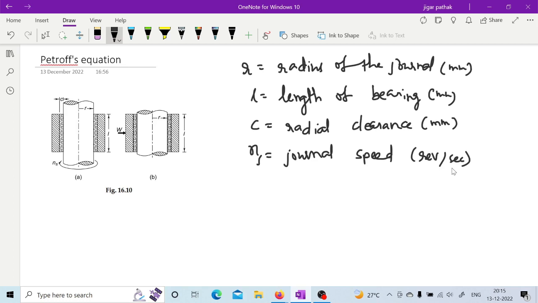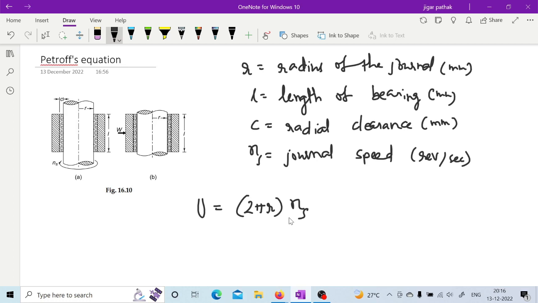Now the velocity at the surface of the journal is given by 2 pi r into ns, that is pi dn, basically. So this is given as 2 pi r into ns.